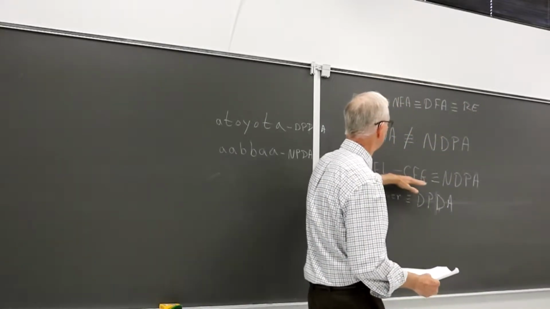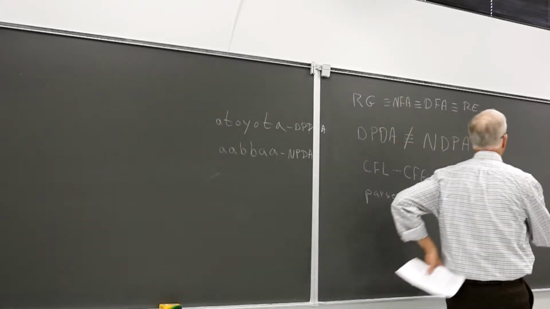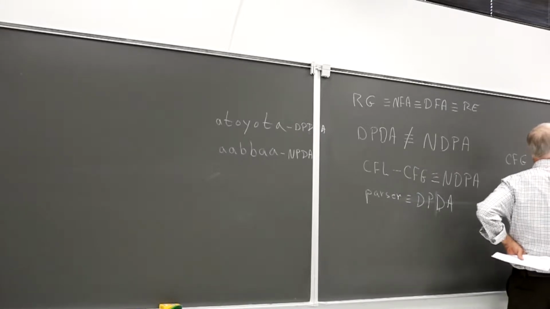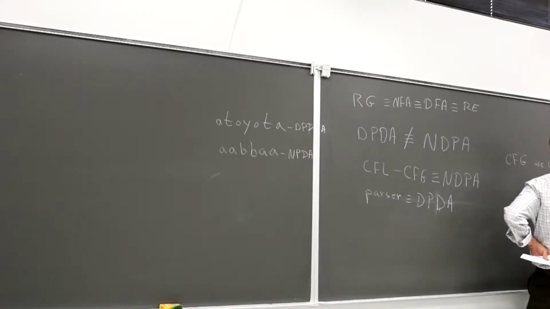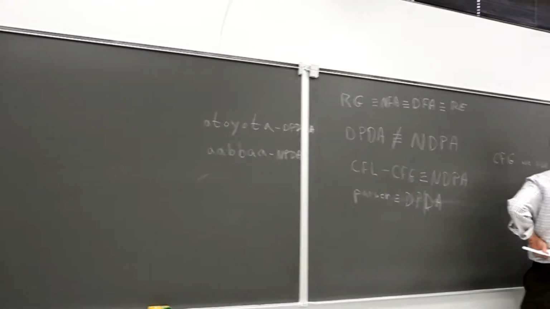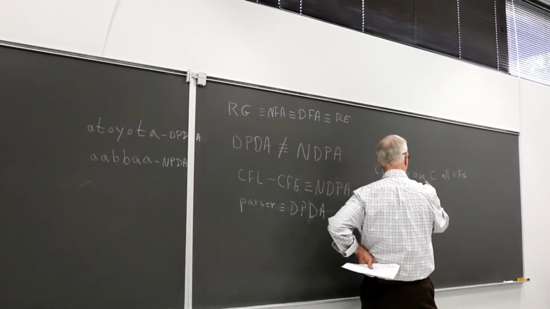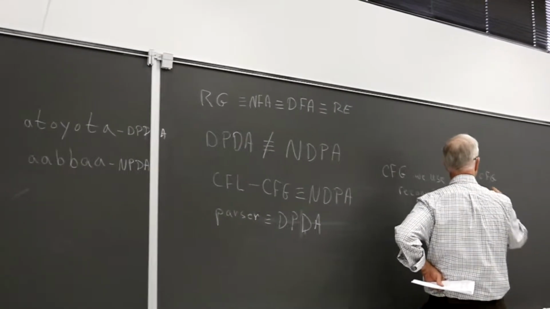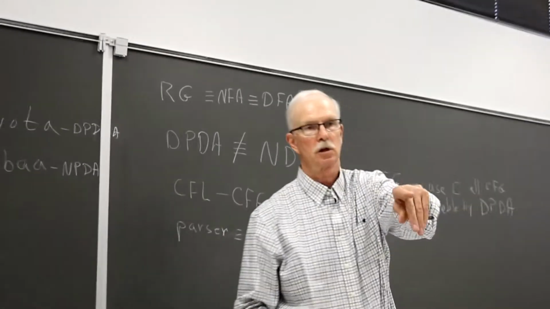Essentially, you should say context-free grammars are equivalent to non-deterministic. So the context-free grammar that we use must be a subset of all context-free grammars recognizable by deterministic push-down automata. That's essentially the answer to the question.